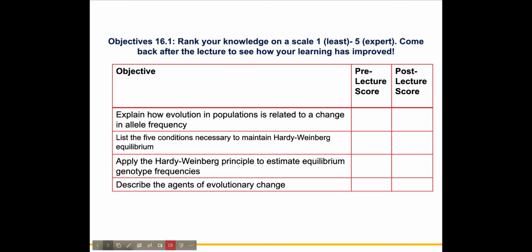And then what are the agents of change that cause evolution? And then after this section, come back to these objectives and rescore your knowledge. That will give you a good idea of what you want to go back and review or ask questions about.